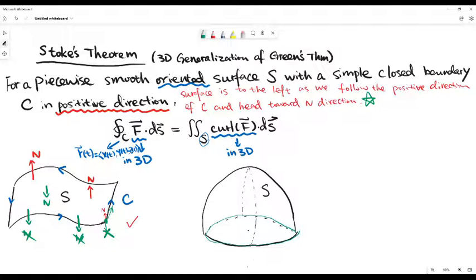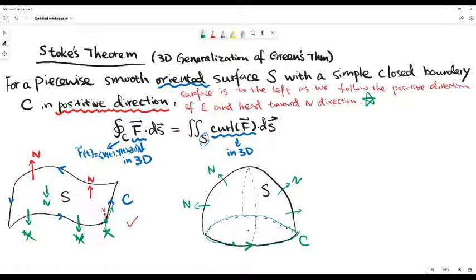And now again, if I assume that my sphere has an outward orientation, then as I walk on this circle C, to make sure all the time the surface is to my left, I should walk counterclockwise again, right?